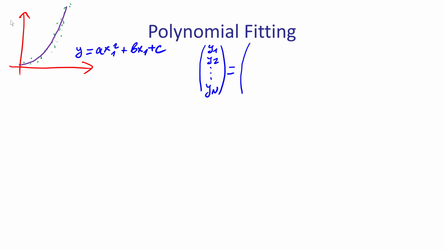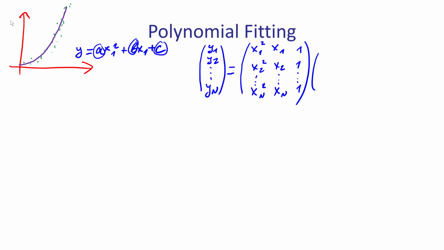Now we're changing the matrix a little bit. x1 squared, x1, 1, x2 squared, x2, 1, and so on, until you get to xn squared, xn, 1, and then you multiply. Now you have 3 parameters in your family, a, b, and c. Those are the numbers that you want to find for the best fit. And so you have them a, b, and c.